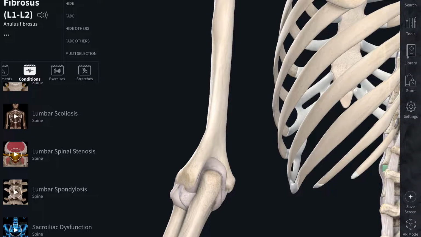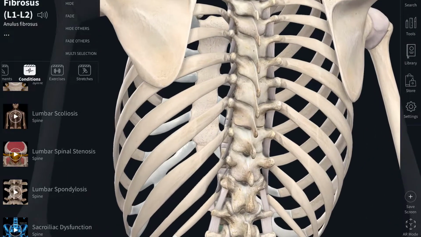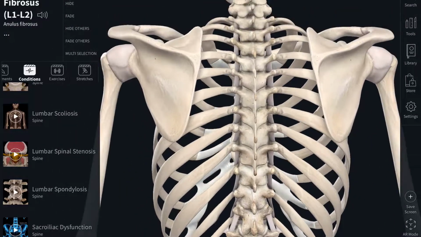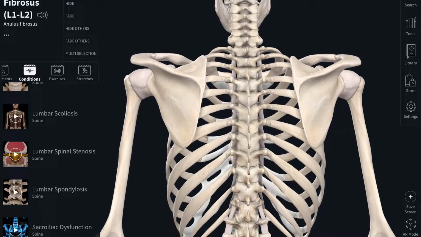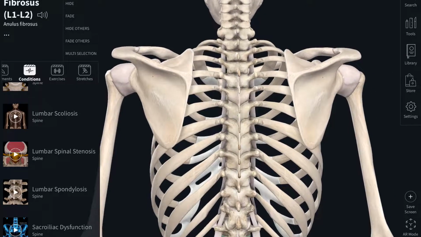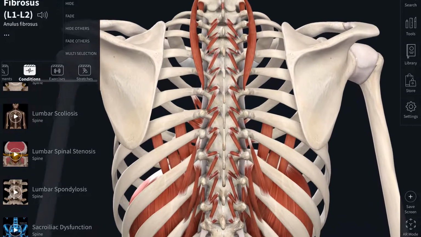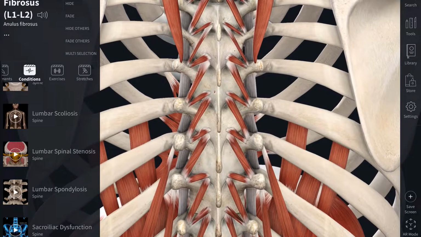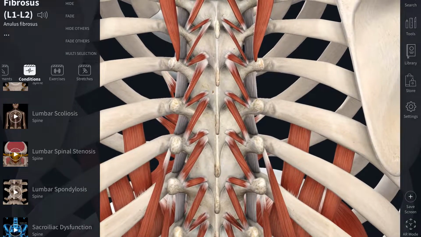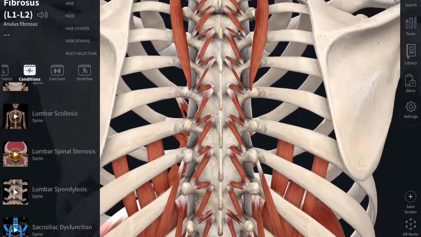What's important about our practice is that we are strengthening all of our stabilization, specifically for keeping the spine in good health. So I'm going to add a layer of muscle to our model. And you can see the processes that support all the ligaments, the tendons, the connective tissue.